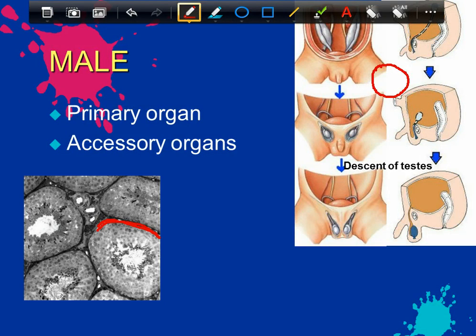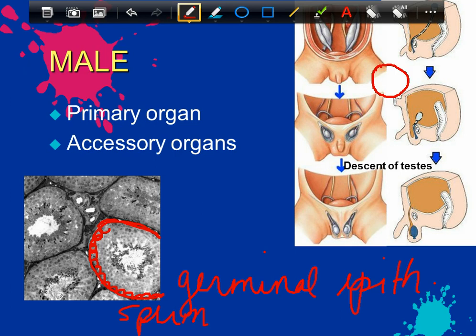Here is the actual wall of the seminiferous tubule, and this wall has got cells lining it, and those cells are called, well, the whole wall is called the germinal epithelium, and it consists of cells called spermatogonia.